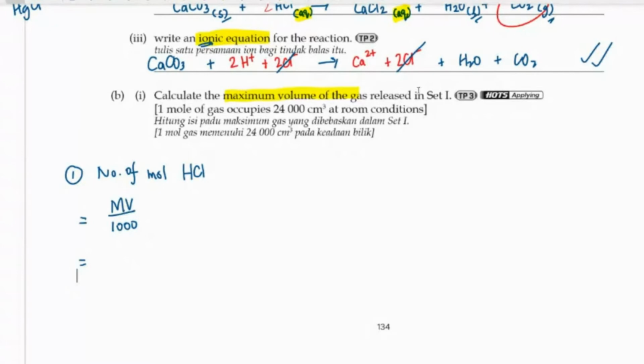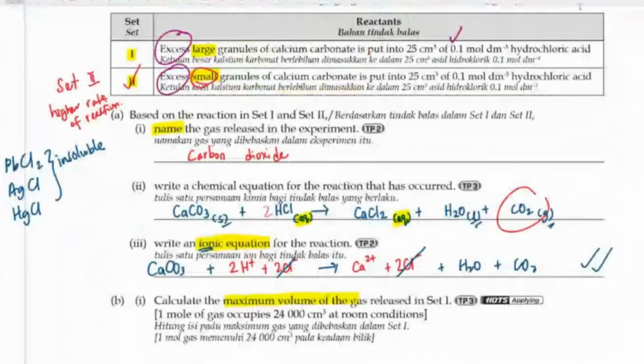What is the number of moles for the hydrochloric acid, class? MV over 1000.